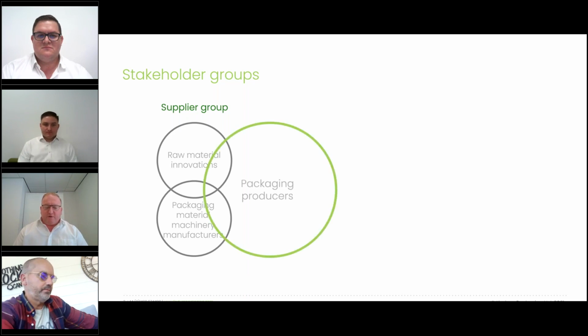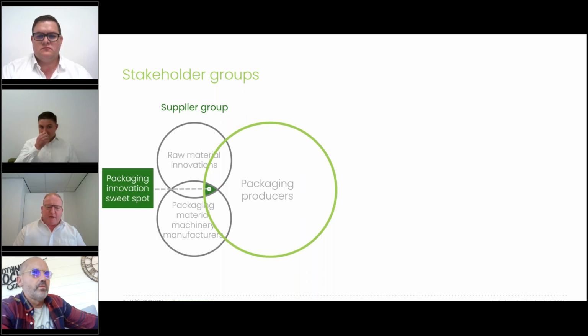We have, for an example, pallet wrap machines that can produce 55-layer nanofilms. So we have packaging producers that are working with machinery manufacturers and innovative raw materials. And as they work together and collaborate, we speak of this as the sweet spot of packaging innovation, where better products are available to market.